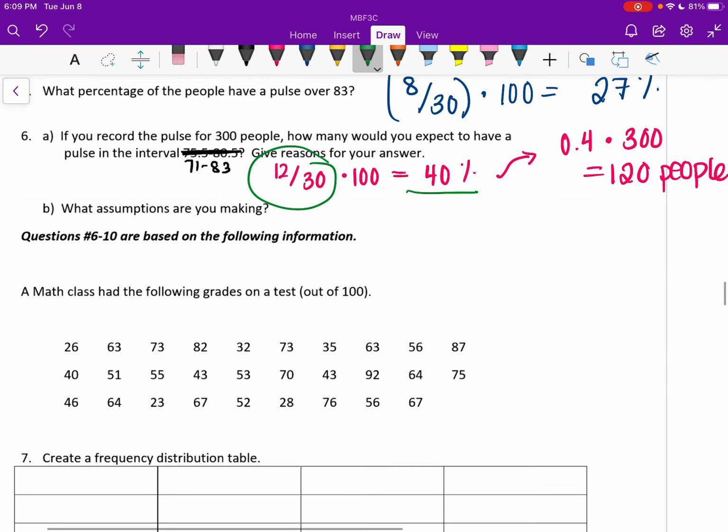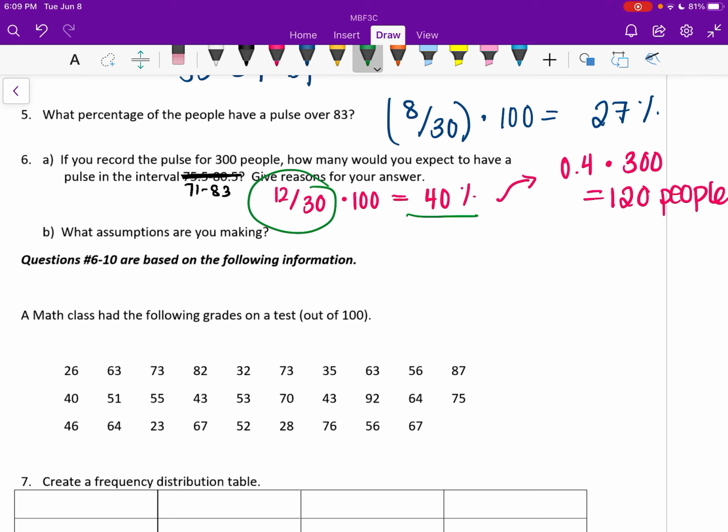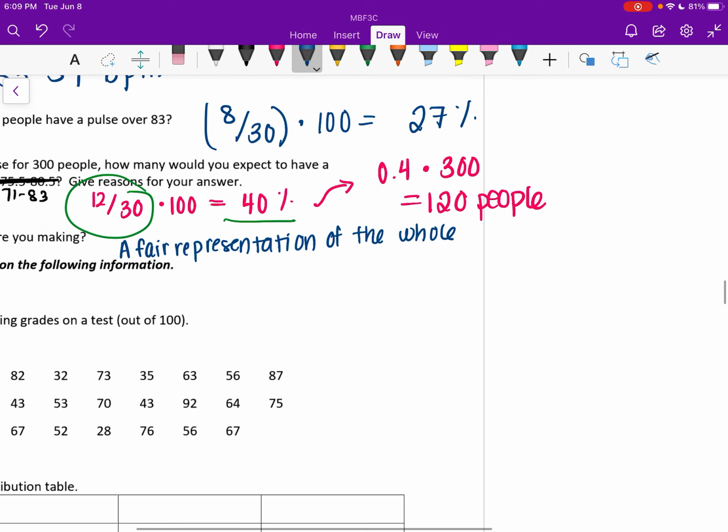So the assumption we're making here is that the people from the first sample are a fair representation of the whole population. And we talked about that yesterday when we were talking about samples.